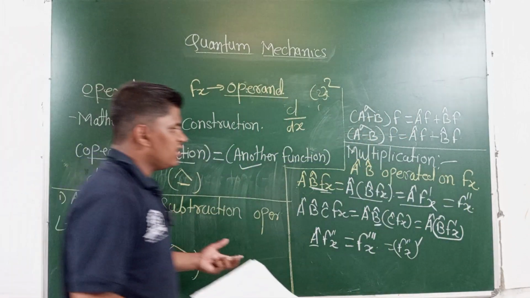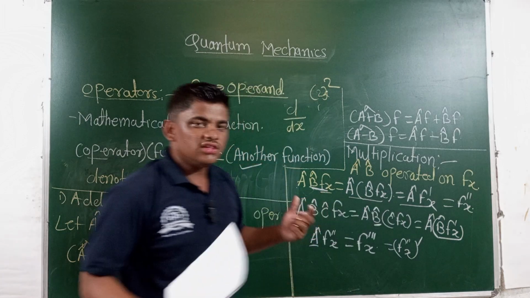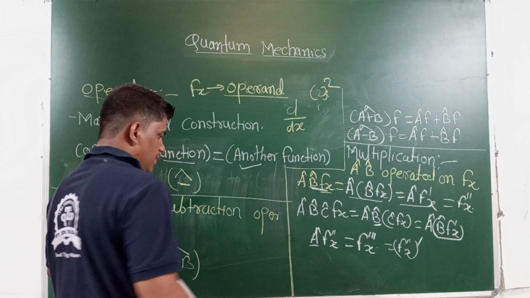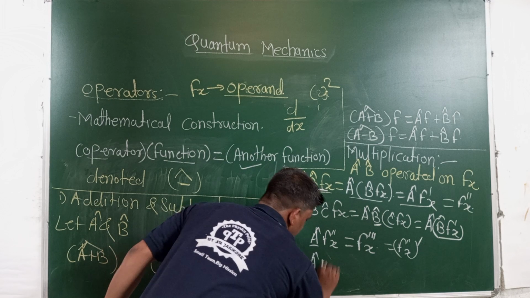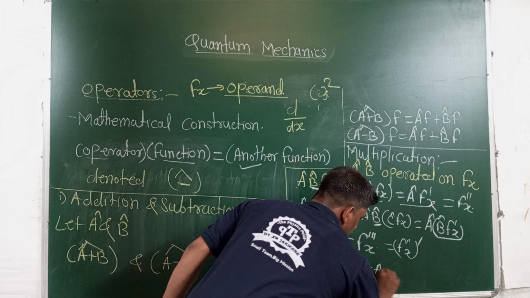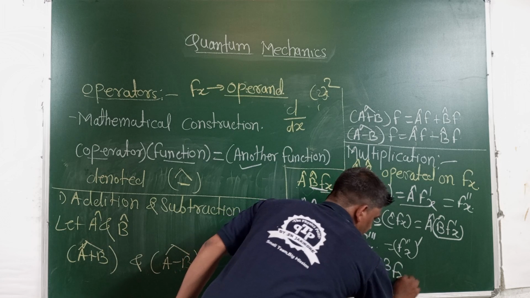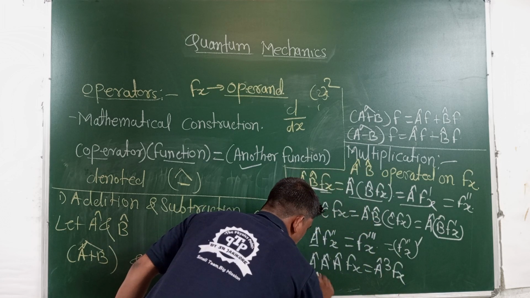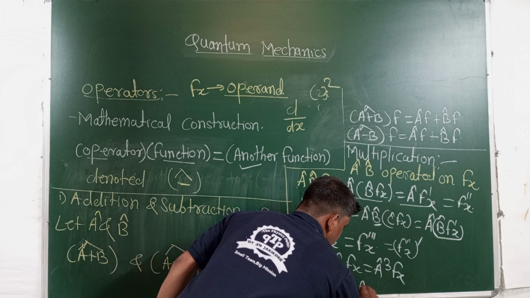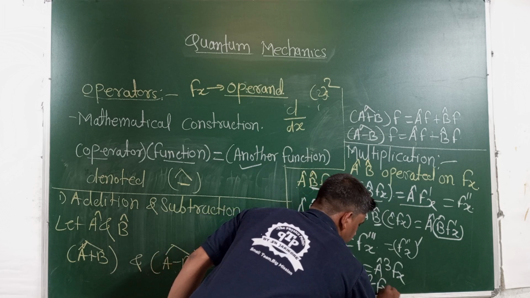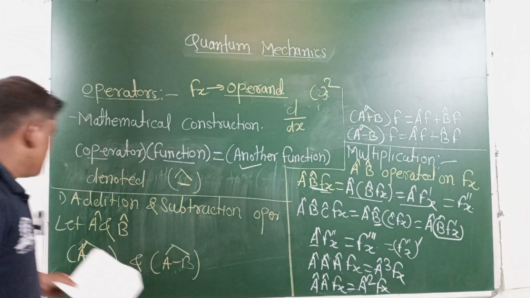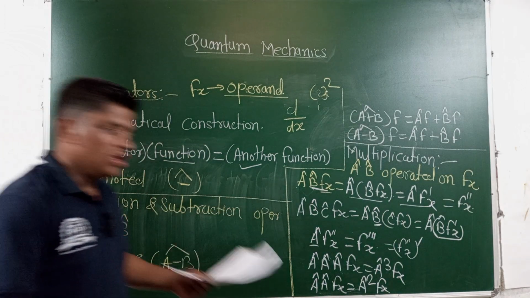We can also take the same operator many times. a cap of f of x, that is equal to a cap cube of f of x, or taking the same operator twice, a cap square of f of x. This is the multiplication of operators, and this is the addition and subtraction of operators.